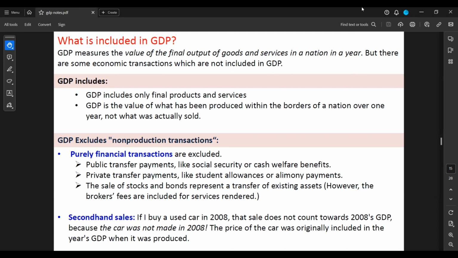A sale of stocks and bonds represents a transfer of existing assets. However, the broker's fees are included for services rendered. Second-hand sales. If I buy a used car in 2008, that sale does not count towards 2008's GDP because the car was not made in 2008. The price of the car was originally included in the year's GDP when it was produced.